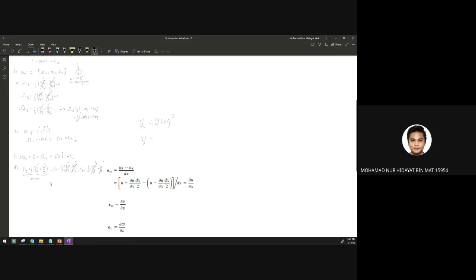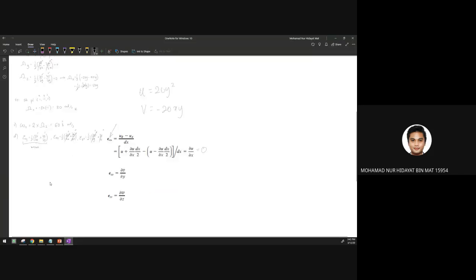Our V here is negative 20xy. So in terms of this strain deformation, you differentiate U with respect to x, it is 0 because there is no x component. This is constant. So this is 0.